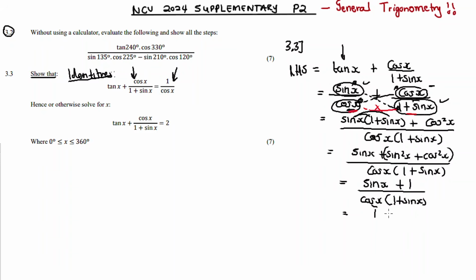If I put the 1 here and bring the sine over here, I'm going to have a cos x times 1 plus sine x. So this is the same as this, so they cancel each other out. I'm left with the 1 over the numerator divided by a cos x. Now you can see that it's the same as the right hand side.